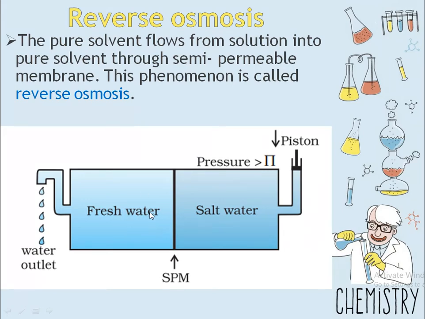Reverse osmosis is used in desalination of seawater, meaning water purification. So by using reverse osmosis, we can purify water from seawater and use that fresh water in our daily life.